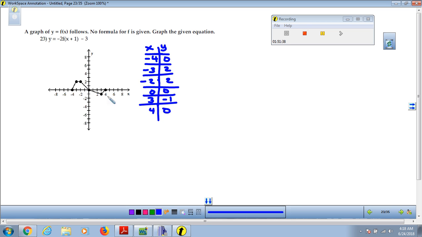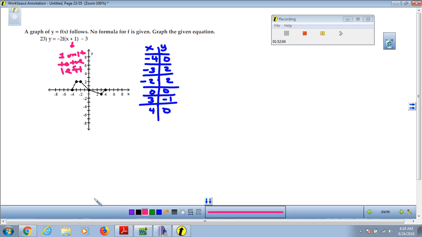So I just copied the coordinates of these points. So 3, 4, 5, 6. 1, 2, 3, 4, 5, 6. Yes, okay. Have the same. So here, this plus 1 is going to be 1 unit to the left.